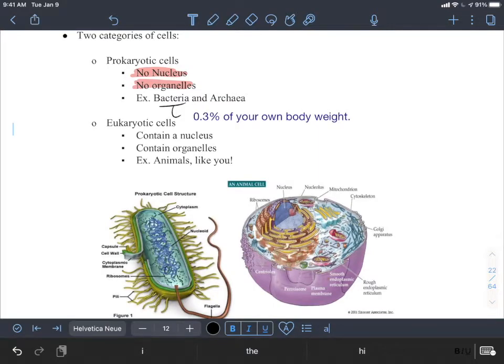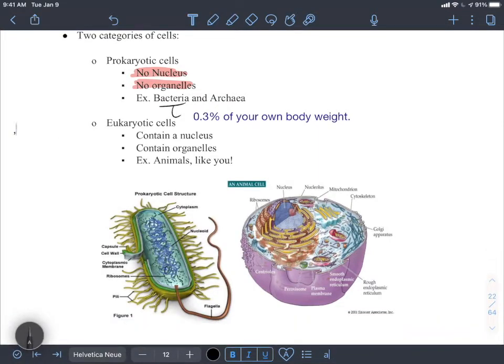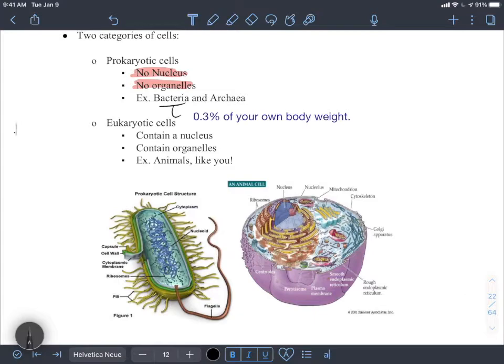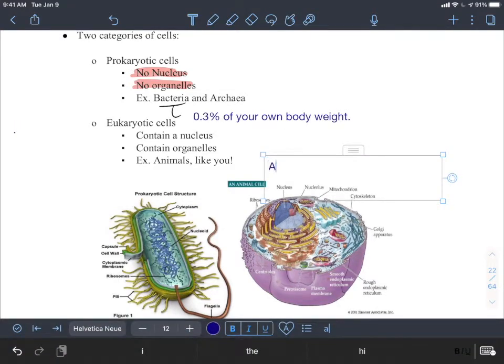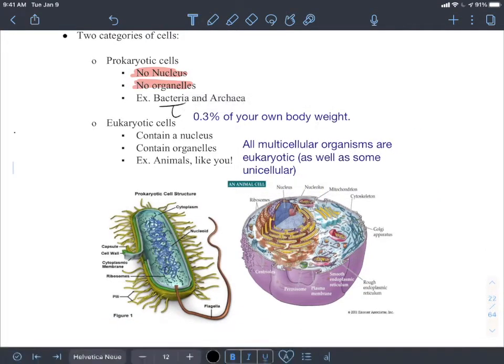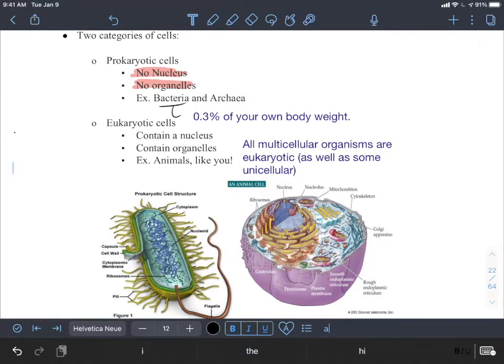So all multicellular organisms are eukaryotic, as well as some unicellular. So there are unicellular and multicellular eukaryotic cells out there.